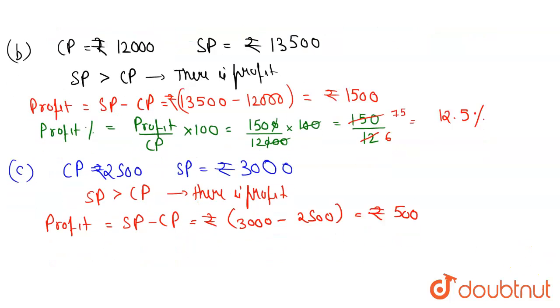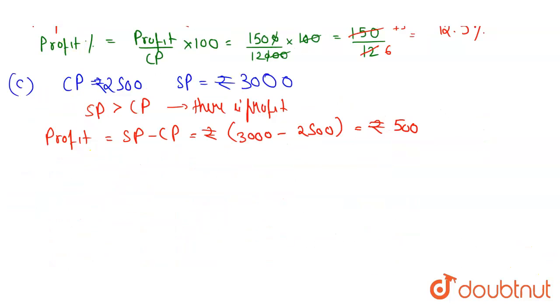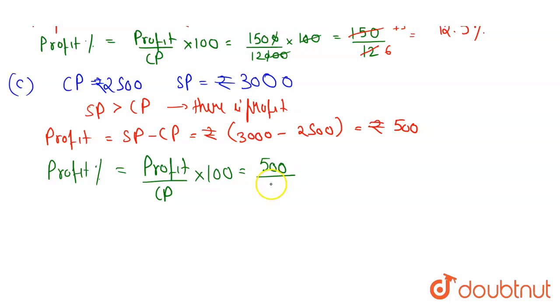Now we'll find the profit percent. Profit percent is given by the formula: profit by cost price, whole into 100. So this is equal to profit 500 divided by cost price 2500, whole into 100.